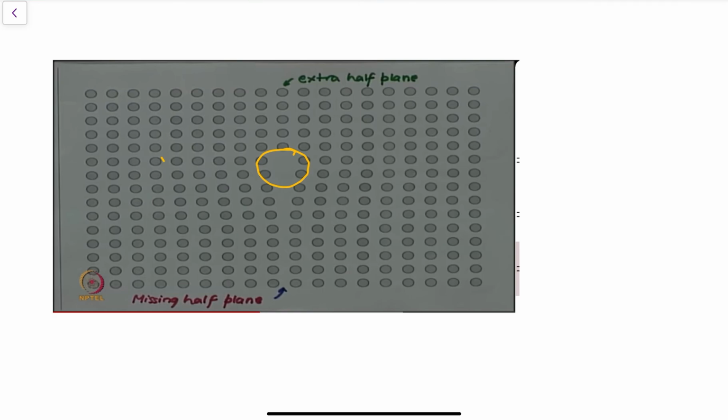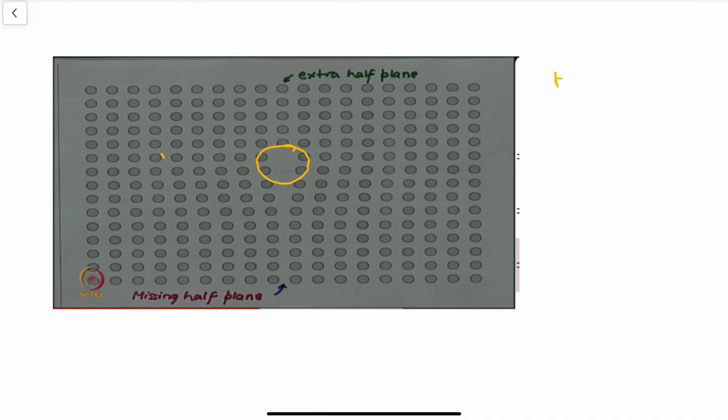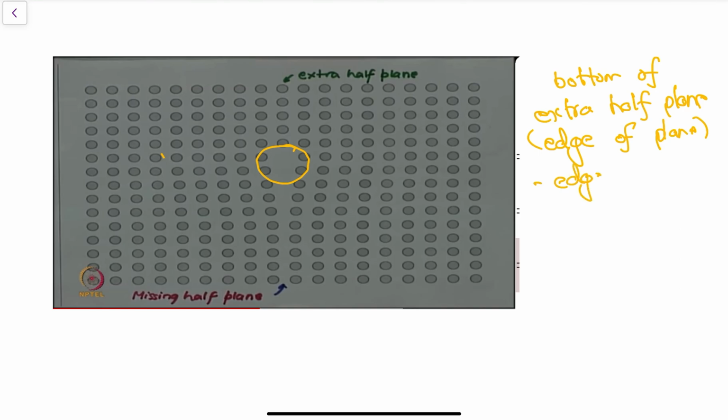That means the defect occurs at the bottom of the extra half plane, that is, at the edge of the plane. So we will call this defect edge dislocation. So this is called edge dislocation.